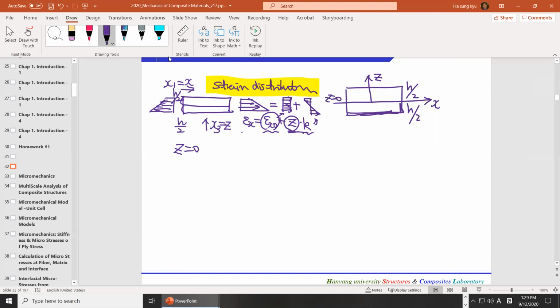Now, the stress-strain relation is simply sigma x equals E epsilon x.